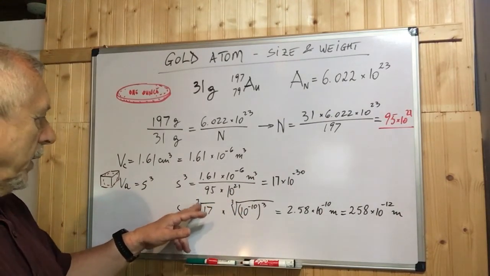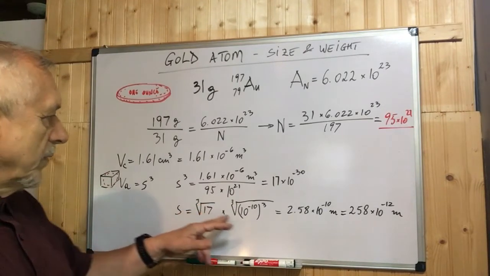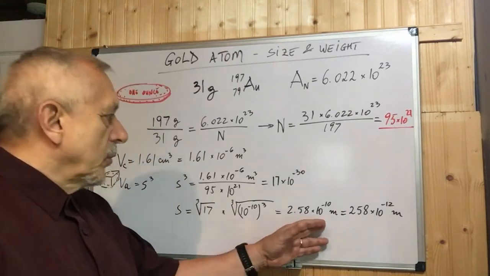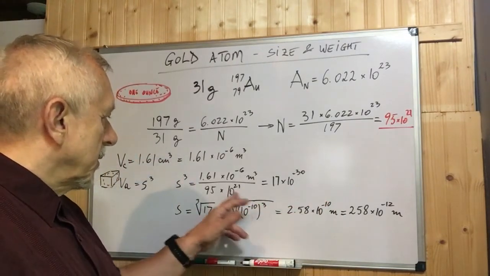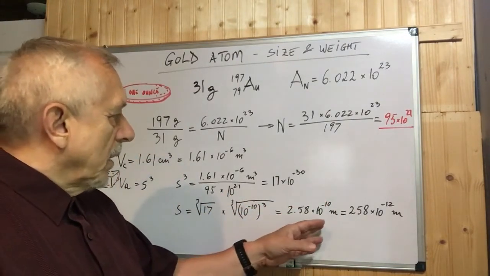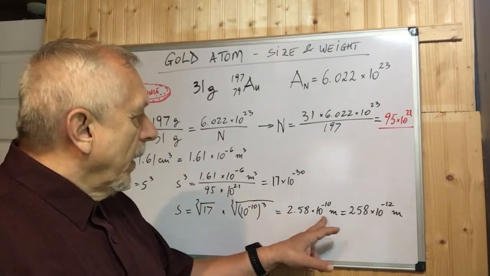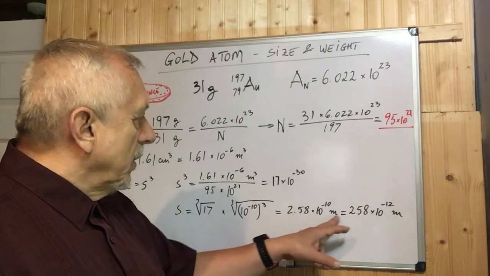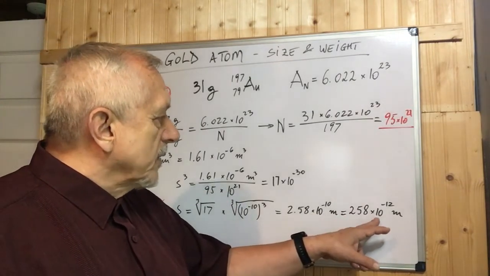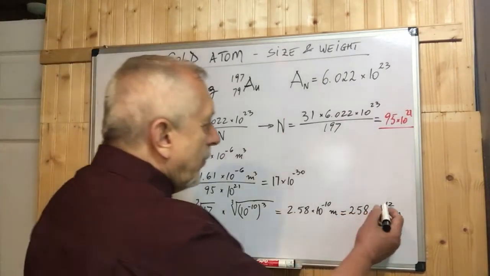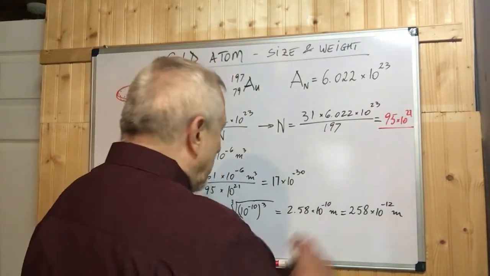According to the calculator, the cubic root of 17 is 2.58 approximately, times 10 to the power of minus 10. Of course, this 3 goes away here, it is cancelled. So that's the size of the atom, I rewrite it as 258 times 10 to the power of minus 12 meters, because minus 12 is picometers.